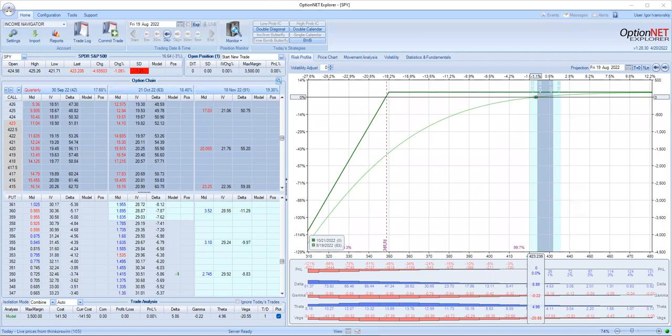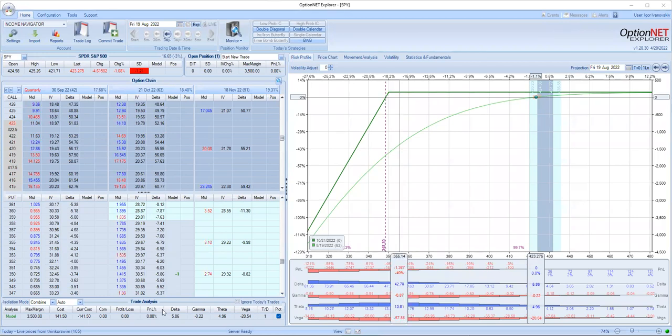You could think about it in a Reg T account. In the Reg T margin, you could assume that your margin requirement to sell a naked put out of the money is going to be about 10% of the notional. So $3,500. Now let's say you don't want to have $3,500 tied up. You only want to tie up about $1,000.